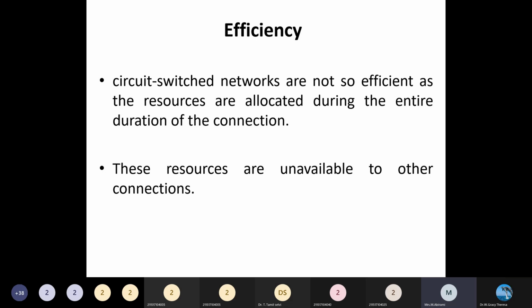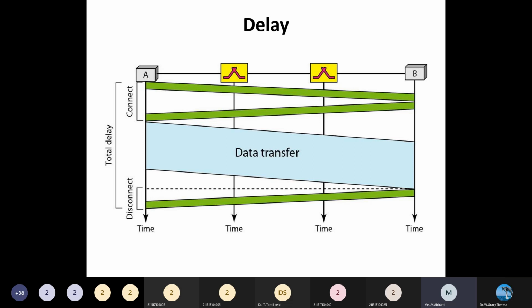So these resources are unavailable to other connections. So which resource is available when making the connection? So once the connection is established using the resources, other connections are automatically disconnected. Okay, so these resources are unavailable to other connections. The efficiency is not good.